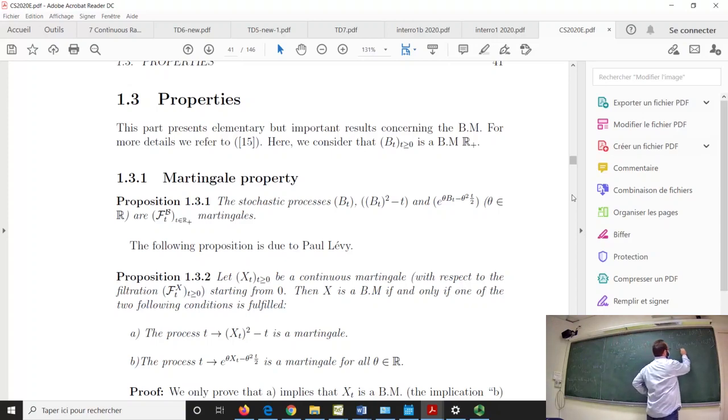I can write this one as phi of (bt minus bs, bs), where phi of (x, y) is just equal to (x plus y) squared minus t. Okay?